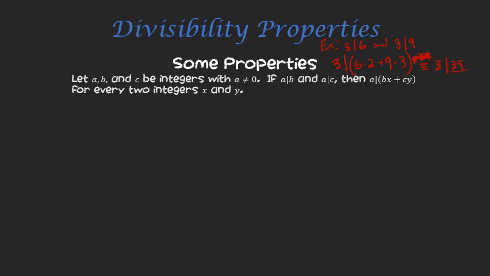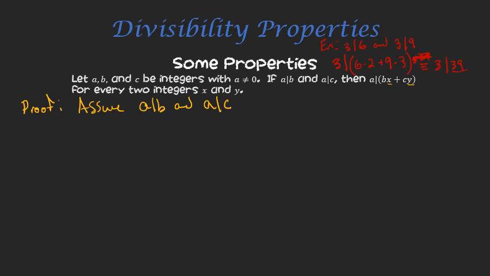So that's the idea here, and really we're just going to use a little bit more leverage here. It's going to be very similar to the last proof. So again, we'll assume a divides b and a divides c. Since I have x and y floating around, I can't really use those again in this definition.